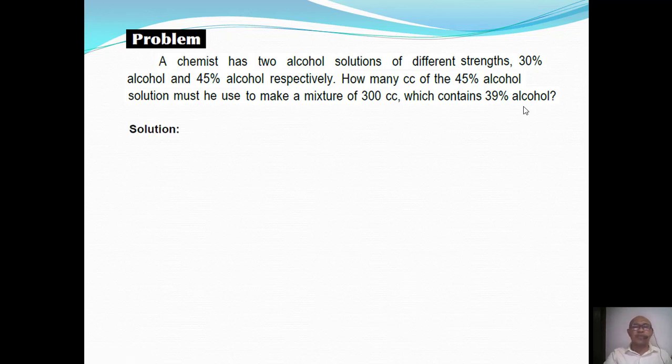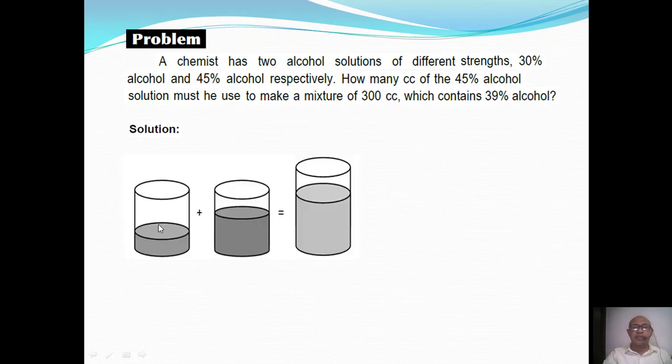Okay, so solution. We have 2 alcohol solutions here. One is 30%, the other is 45%. These are to be mixed in order to make a mixture of 300 cubic centimeters, and the concentration is 39% alcohol.